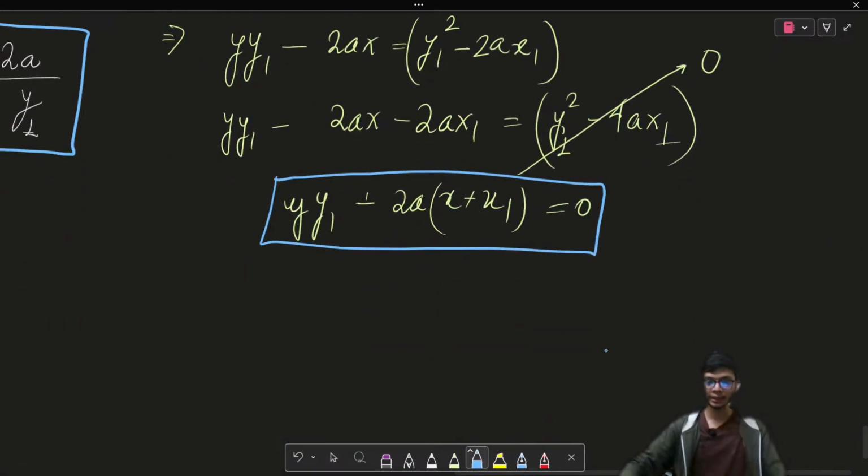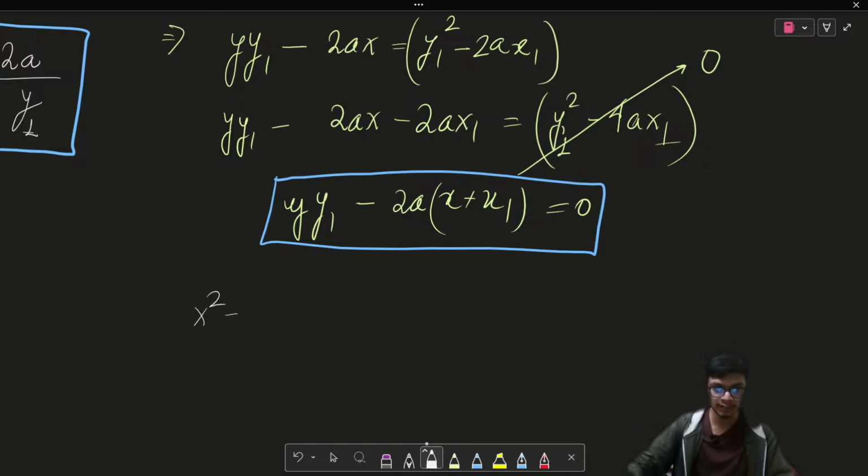Now if you remember, when we were discussing the equation of the tangent in circles, we said that in order to find the equation of a tangent at a given point (x1, y1), we do it by general transformation, right?